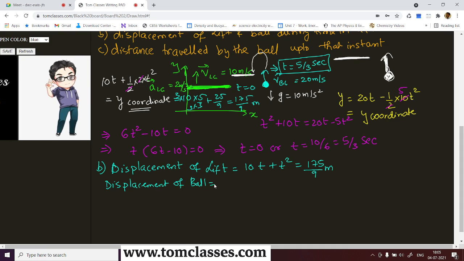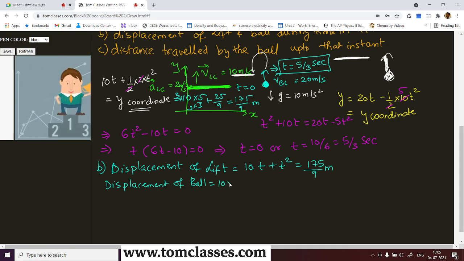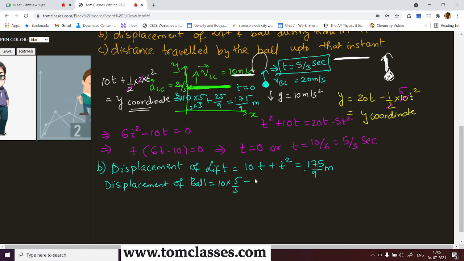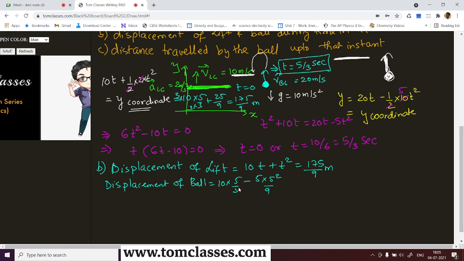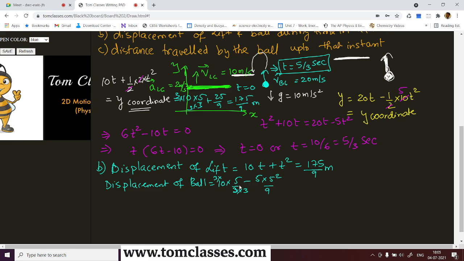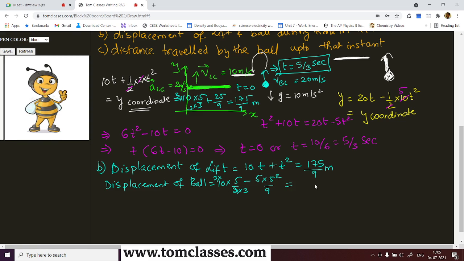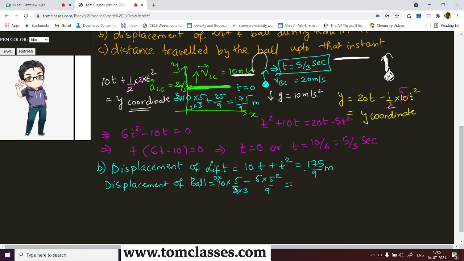What is the displacement of the ball? It is going to be 10 into 5 by 3 minus 5 into 5 square by 9, so into 3 into 3. Here it is going to be 125 and this is going to be 150.